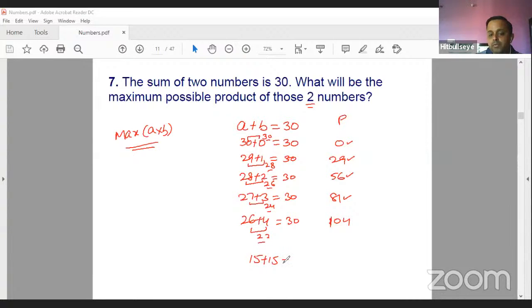When you take the numbers to be 15 and 15, the difference between the numbers is the minimum, 0, and the product in that case will be 15 into 15, which is 225. So this would be the maximum product, considering that the sum of two numbers is 30. Maximum product will be 225. Is the discussion clear?